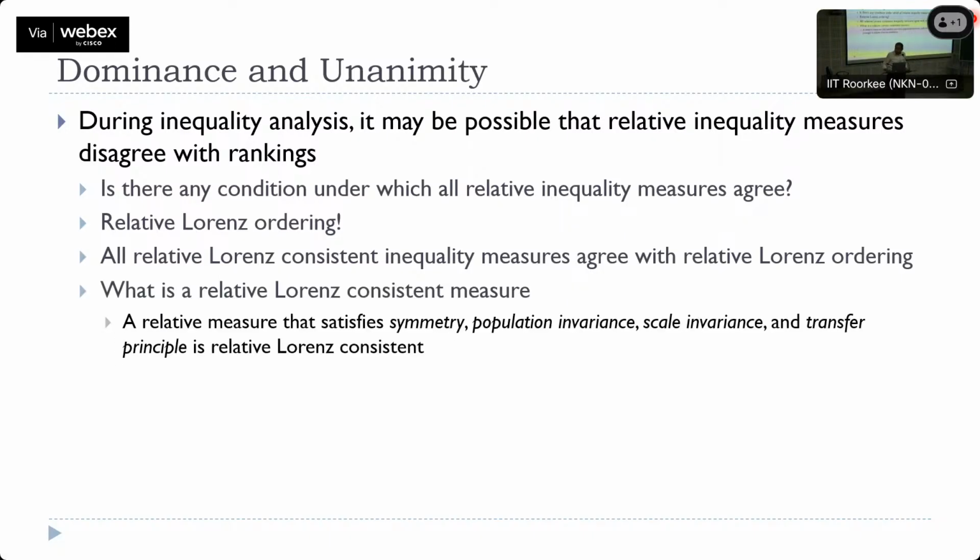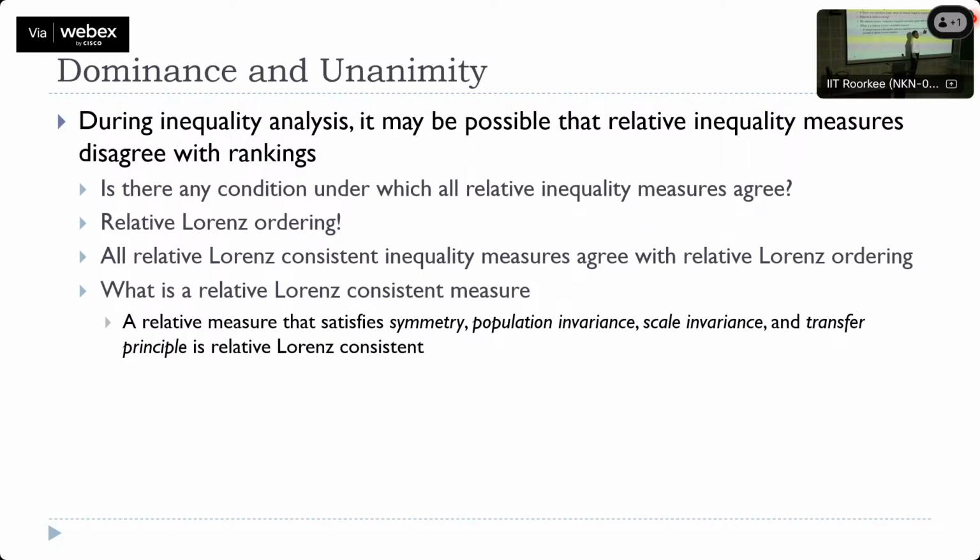So what are Lorentz consistent measures? A relative inequality measure that satisfies symmetry, population invariance, transfer, and this controversial scale invariance. So many of you, have you used Lorentz curve in your research or any time?